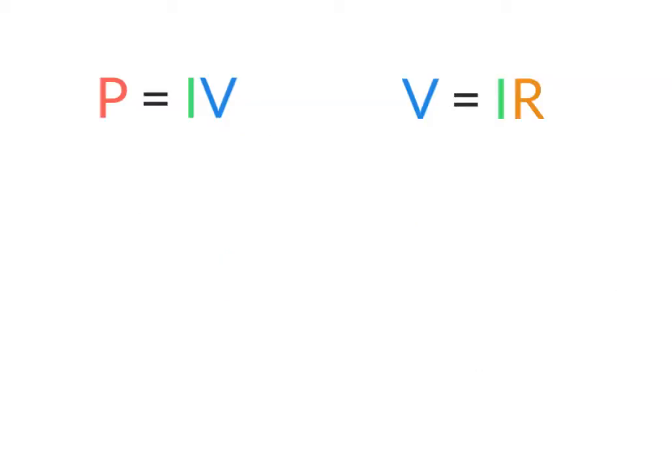However, we don't always know our current and our voltage. For example, say we had a problem where we knew what our current was and we knew what our resistance was, but our voltage hadn't been solved for. What you could do is solve for your voltage and then use that to solve for power. However, a simpler way to do that would be to plug in this side of our equation for voltage.